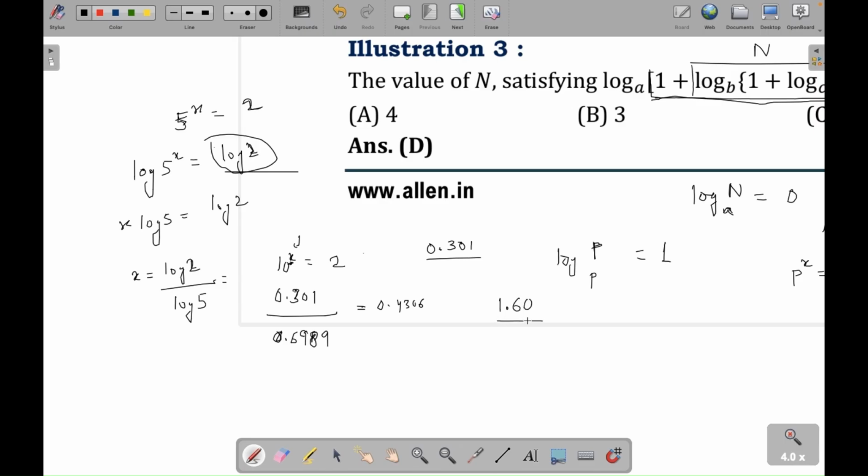Right. So see, you are getting a different result. When you change the base, you get different results. When the base was 10, it was 0.69. When the base was e, which is 2.71, the power must be greater than 1 because you want to get 5 from 2.71. And here the base was 10, you wanted to get a number less than 10, which is 5, so the power is less than 1.